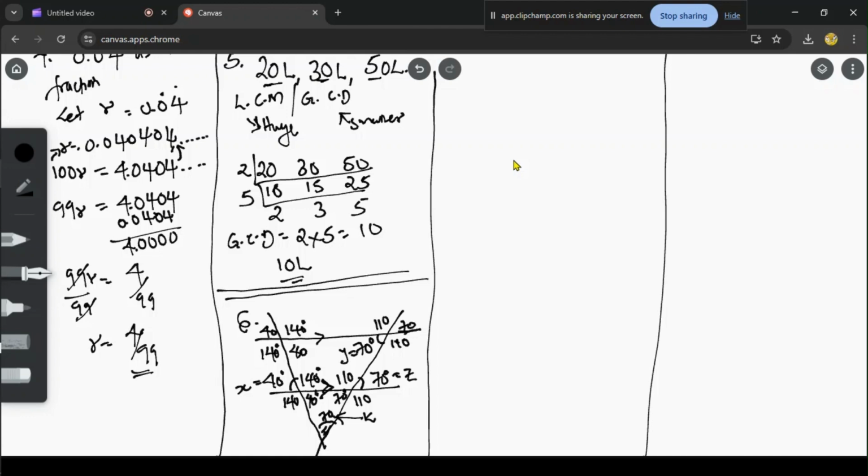So I'll say that y is equal to 70 degrees.